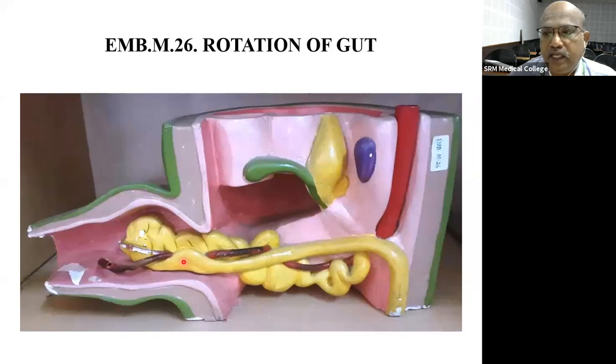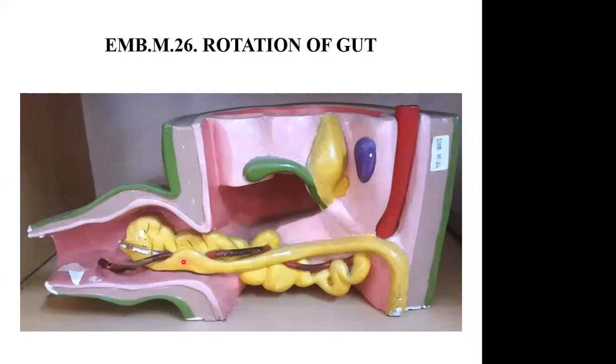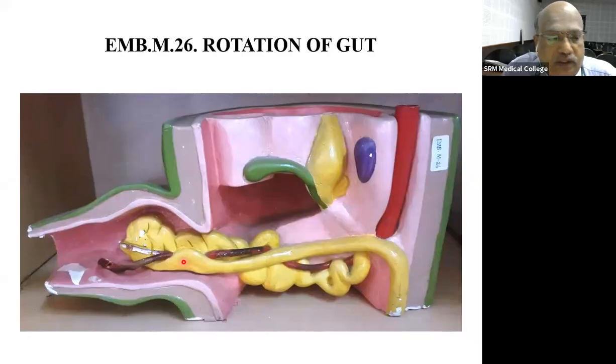If there is any failure of reduction of physiological hernia, that leads to what? Omphalocele. Very good. So this you should know. About midgut rotation, how many degrees of rotation are there? First 90, second 90, third 90, totally 270 degrees rotation in anti-clockwise direction.